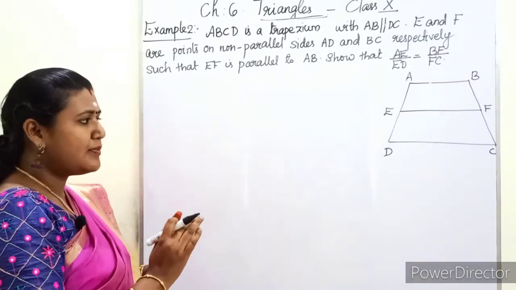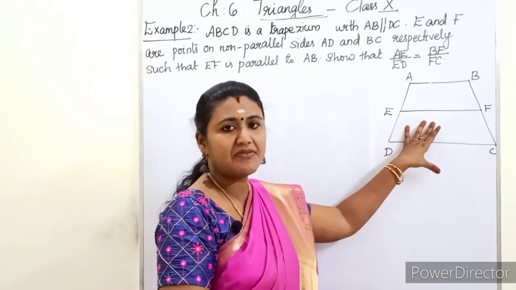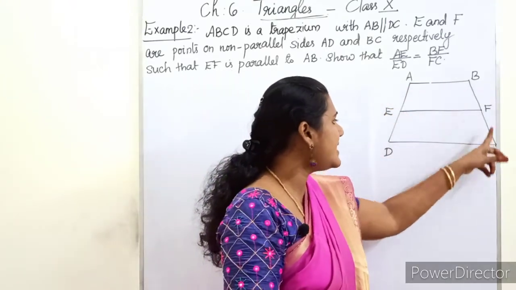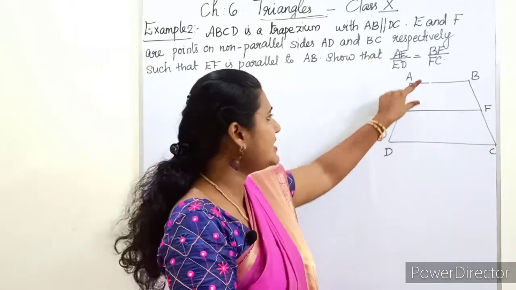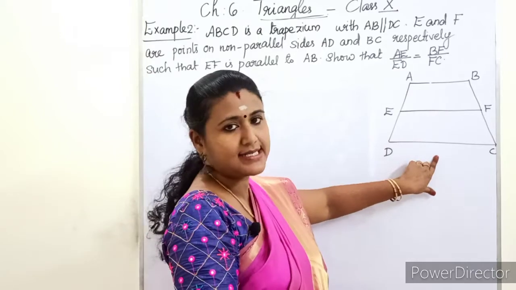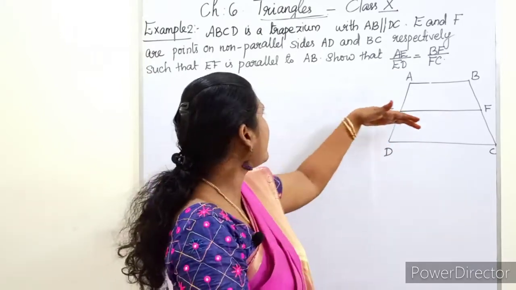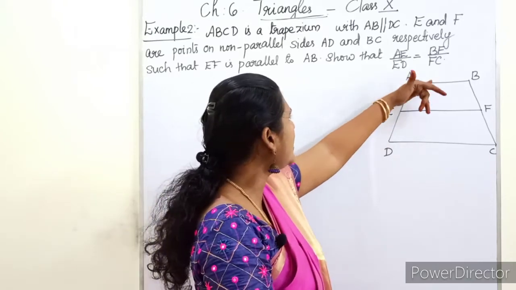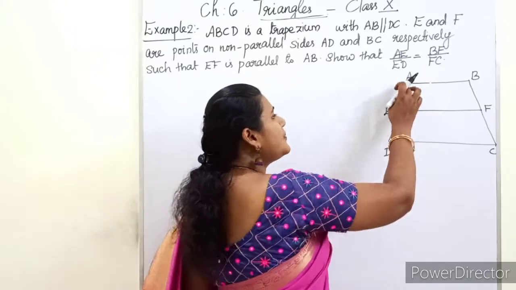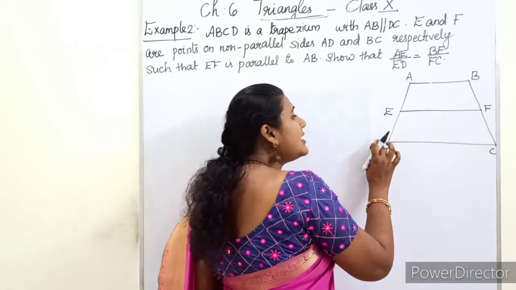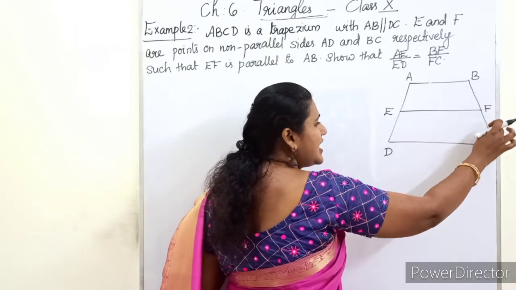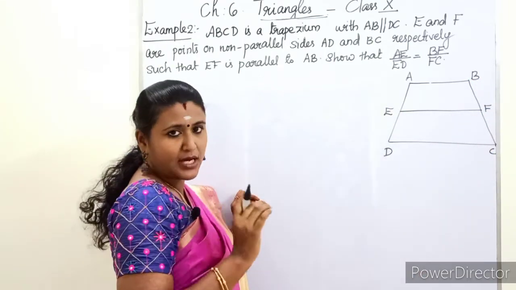The diagram is given in this question. ABCD is a trapezium in which these two sides are the parallel sides. AB is parallel to CD and we have drawn another line EF which is parallel to AB. Then we have to prove that AE by ED is equal to BF by FC.